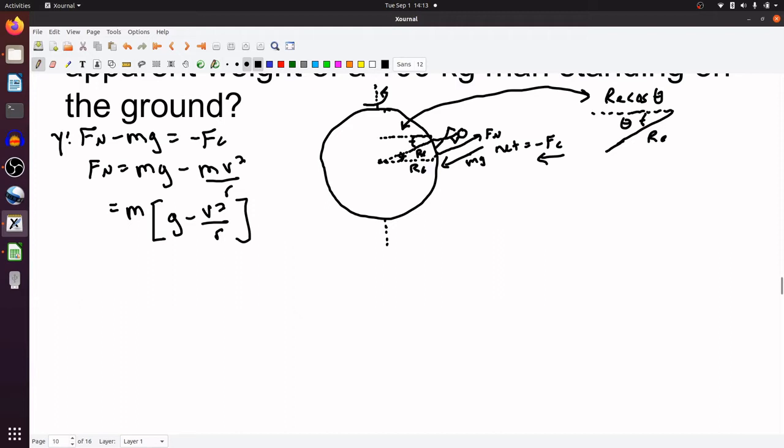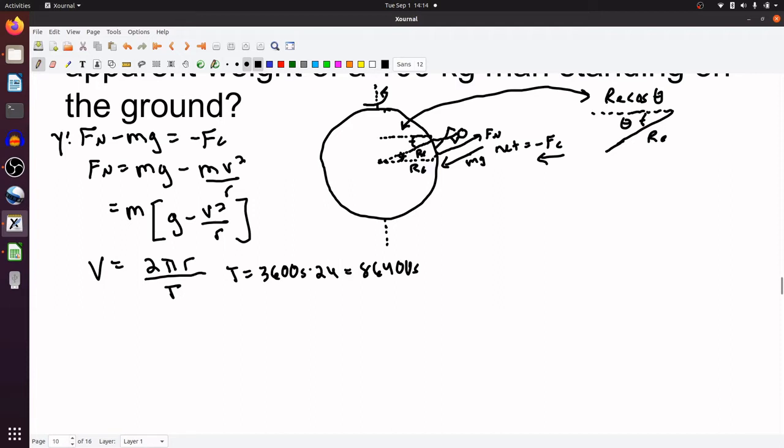Okay, so how do we do that? Well, we know that v is equal to 2 pi r over T. We know that the period of the Earth as it rotates is going to be 3,600 seconds in an hour times 24, and that's going to be 86,400 seconds in a day. So that's going to be the time it takes to rotate around its central axis.